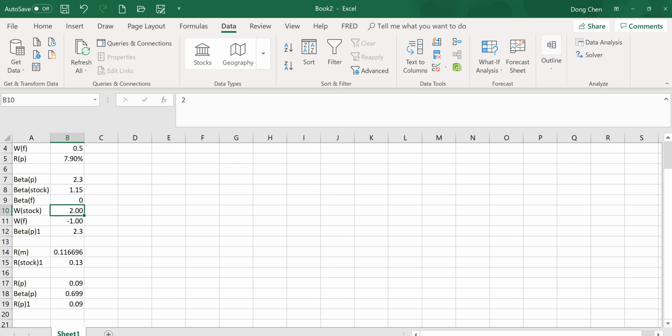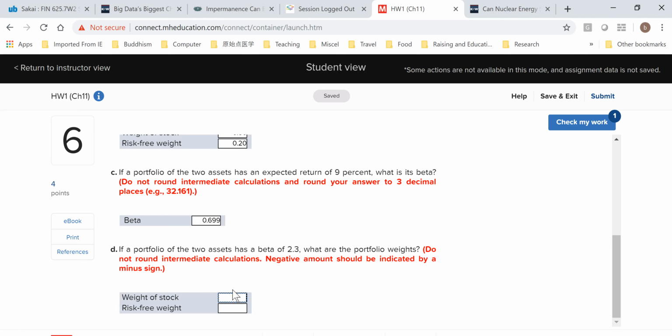So what happened here is that we are investing all of our wealth in the stock, but in addition to that, we are also borrowing the same amount of wealth as we have to invest in the stock. But we are borrowing money at an interest rate, right? We need to pay interest at this risk-free rate.